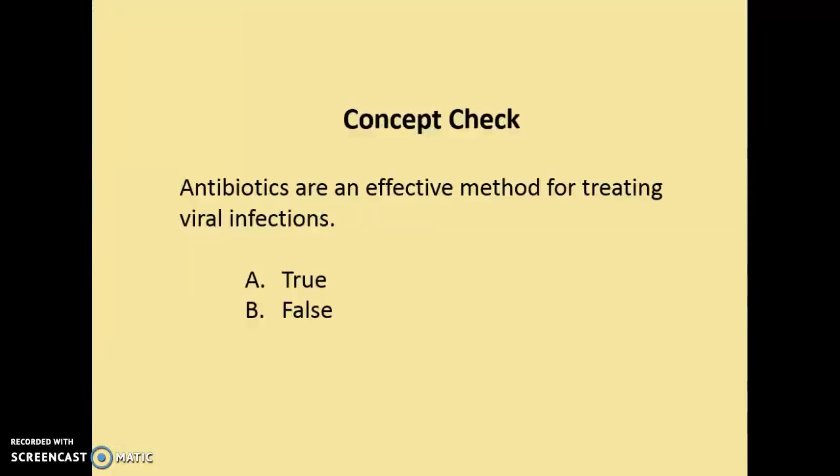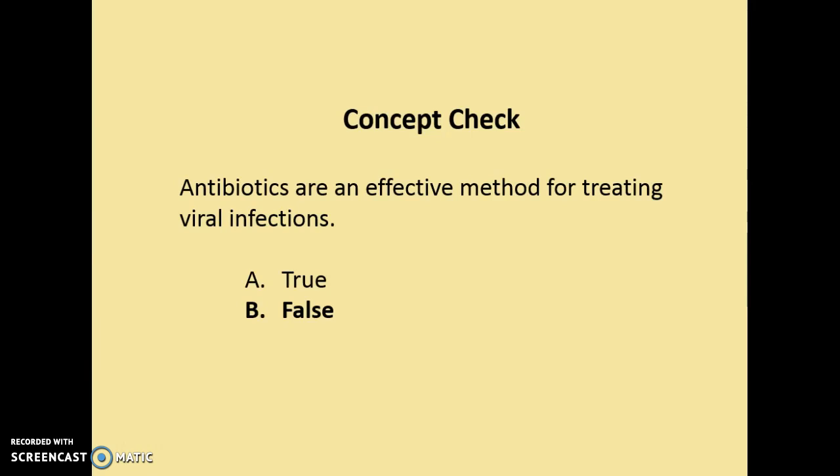All right, then just some review questions. Antibiotics are an effective method for treating viral infections. Cue Jeopardy sound, song, and the answer is false. Antibiotics are not effective against viral infections. Antibiotics are going to target growing and replicating bacteria, whereas viruses are non-living.